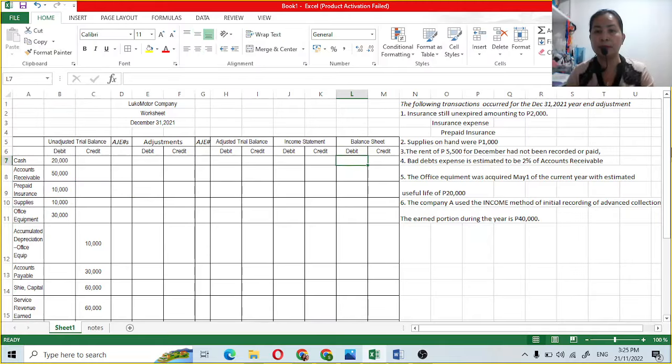It was not mentioned in the transactions because it is obvious that prepaid insurance was recorded, which means the asset method was used. So, we recognize how much the expense is. If 2,000 is the unexpired portion, out of 10,000 there is 8,000 of expense. And then, 8,000 credit.